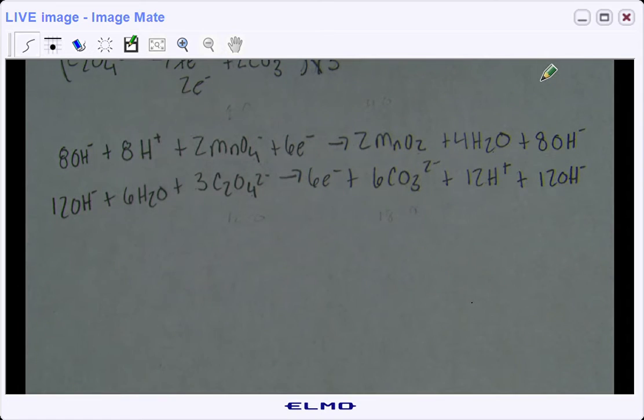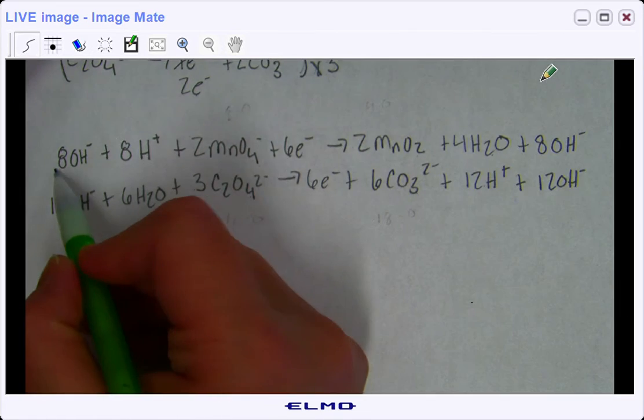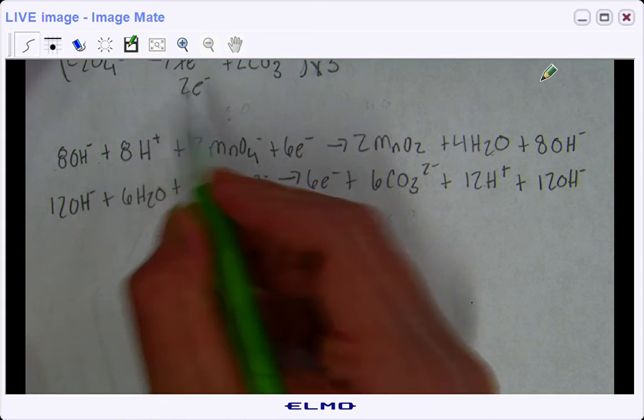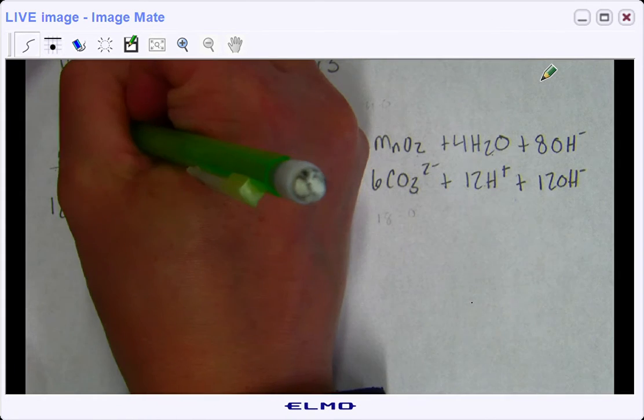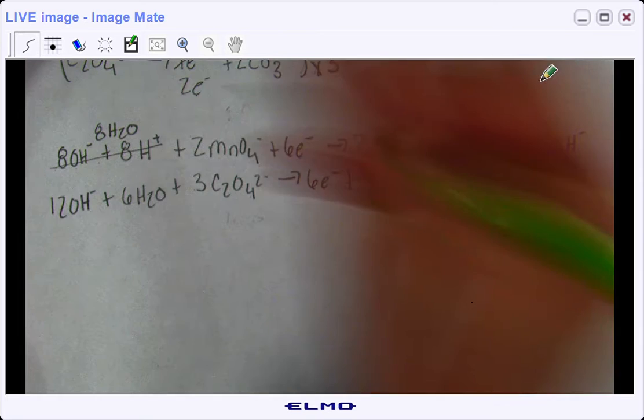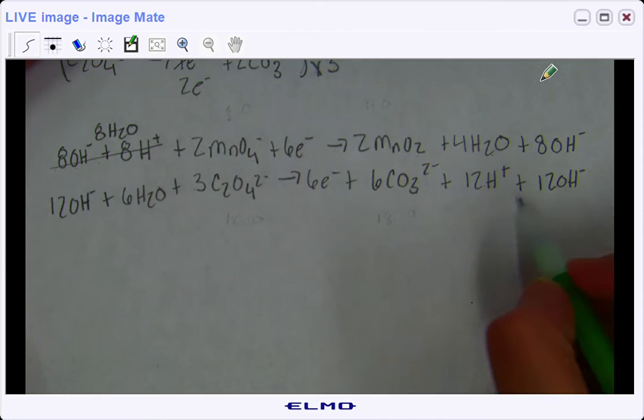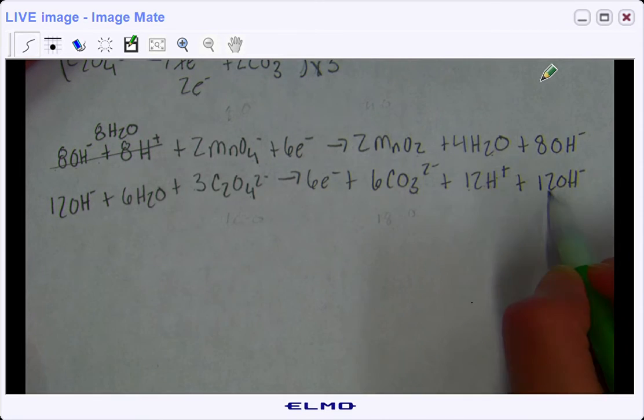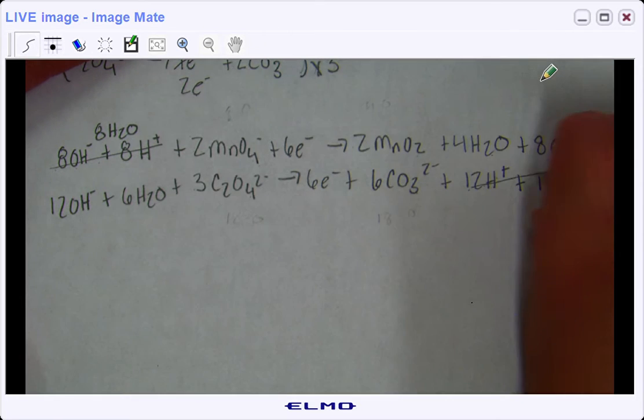So here we go, my friends. Now let's look at this. 8 hydroxides and 8 hydrogens give us 8 waters. 12 hydrogens and 12 hydroxides give us 12 waters.